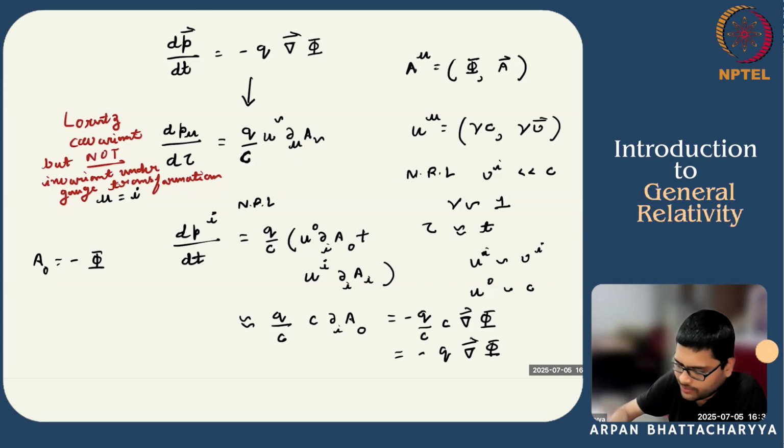That is nothing but the Maxwell field strength, F mu nu. Instead of just del mu A nu, we should have used F mu nu. That will do the job. Let's do that.